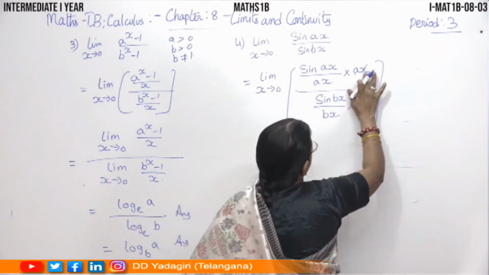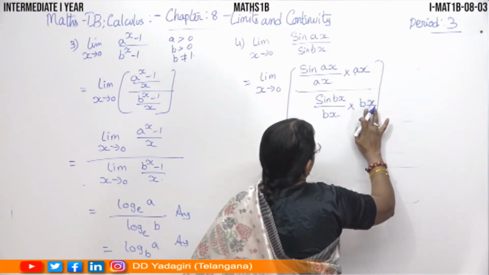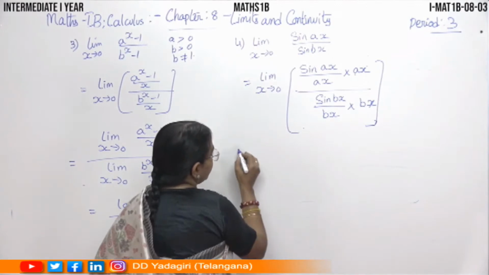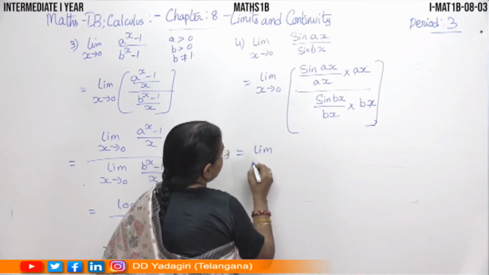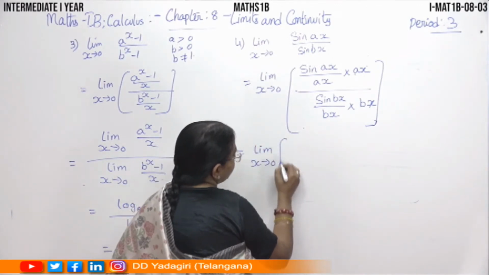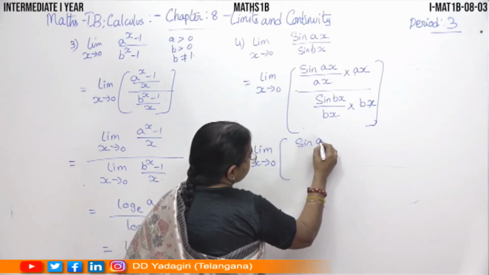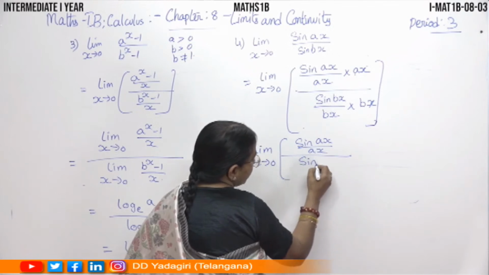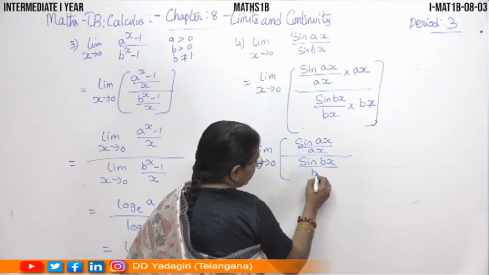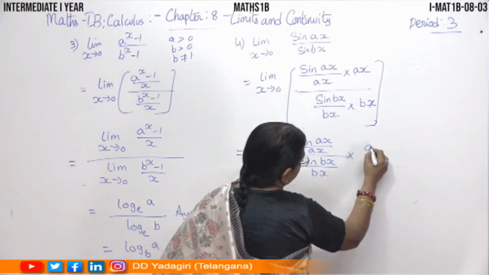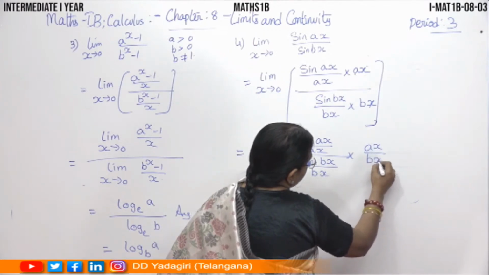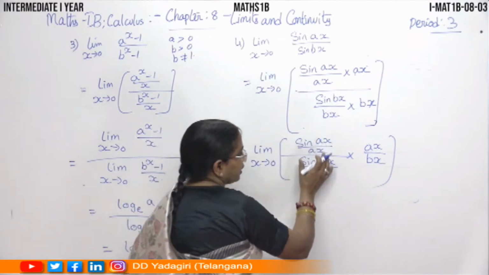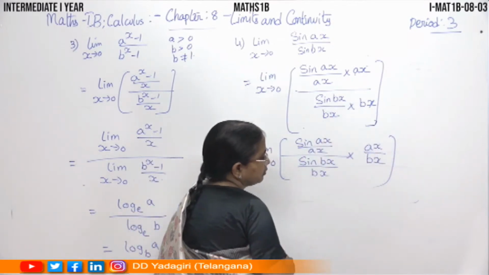I'll write in the next step. So you have multiplied and divided by ax and bx. Now it is limit x tending to 0 of (sine ax by ax) by (sine bx by bx) into ax by bx separately. Whatever is there in the standard form, that you write separately, and the remaining one you simplify.